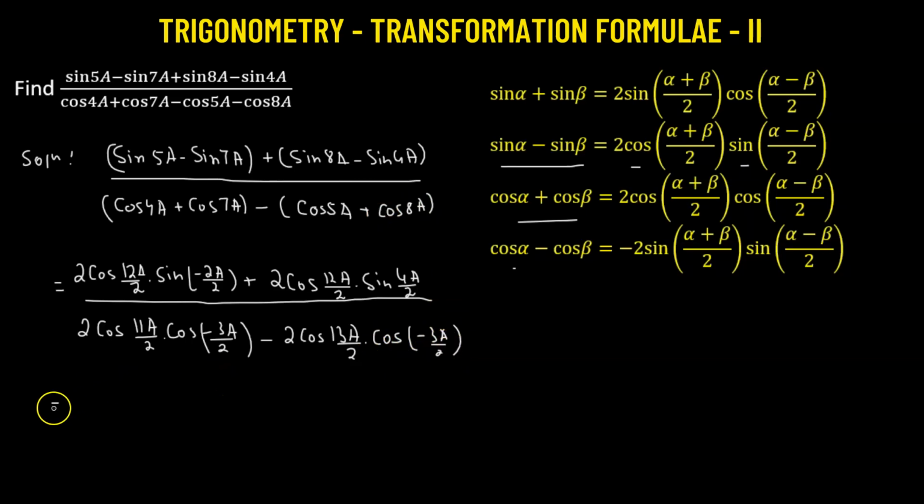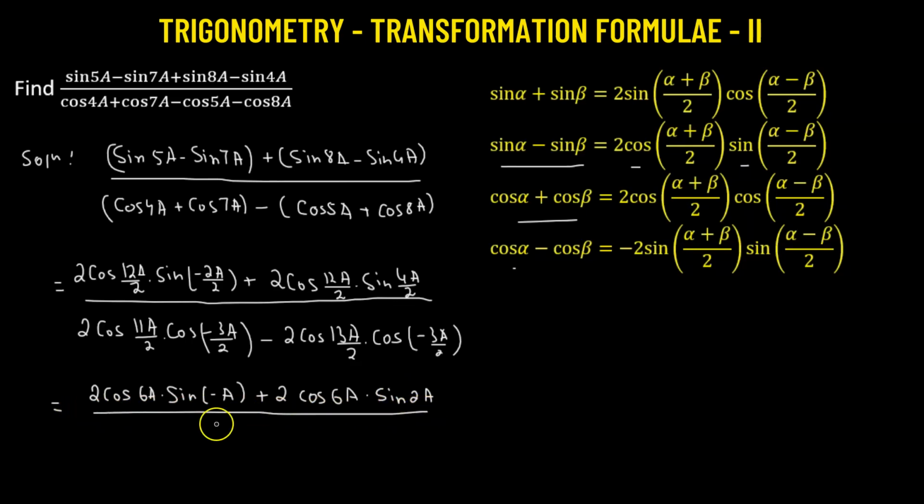Fine. So this will be equal to 2 times cosine of angle 6a times sine of angle negative a, plus 2 times cosine of angle 6a multiplied to sine of angle 2a, whole divided by 2 times cosine of angle 11a over 2 multiplied to cosine of angle negative 3a over 2, minus 2 times cosine of 13a over 2 and cosine of negative 3a over 2.